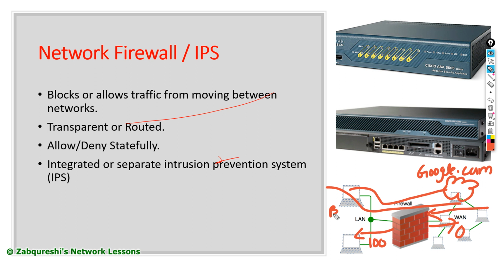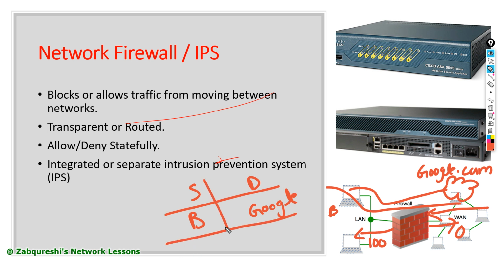So for example, you have a machine B that wants to go to Google, so the source is B and the destination is Google, right? So you have a connection table created inside the firewall wherein the opposite traffic, that is Google to B, is dynamically created there.